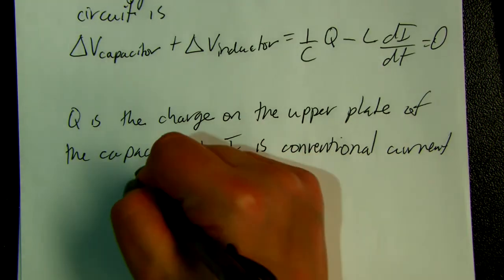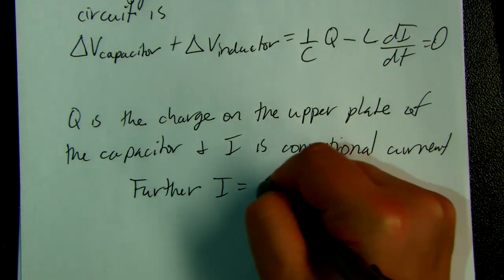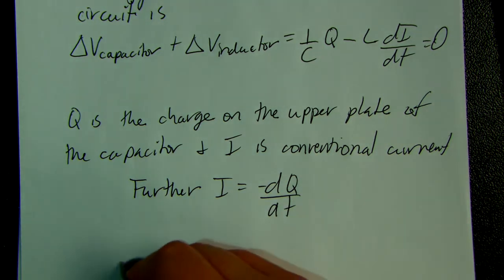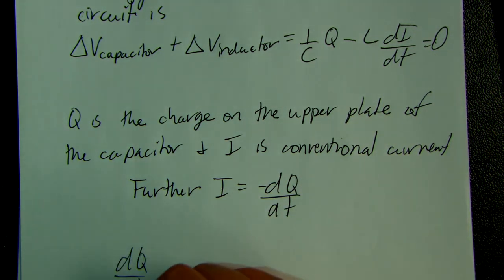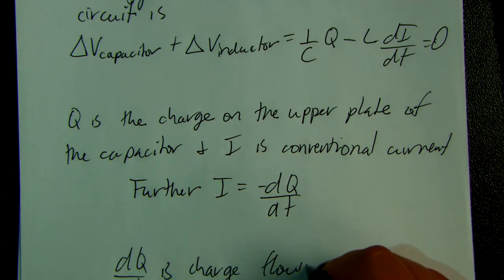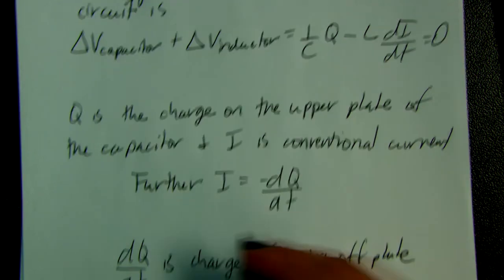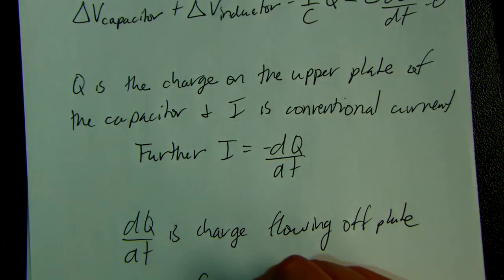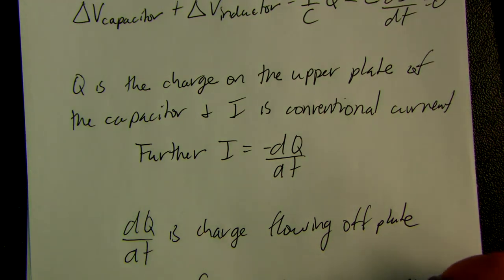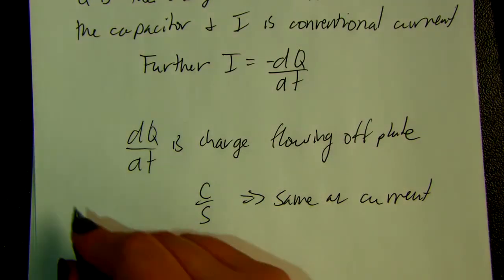Further, I is equal to minus dQ/dt. We talked about this a little bit before, but it's basically dQ/dt is charge flowing off the plate. So you have coulombs per second, which is the same as current. And so we can use this relationship.